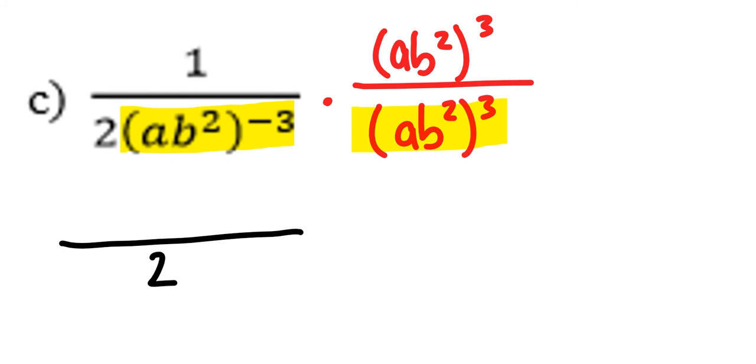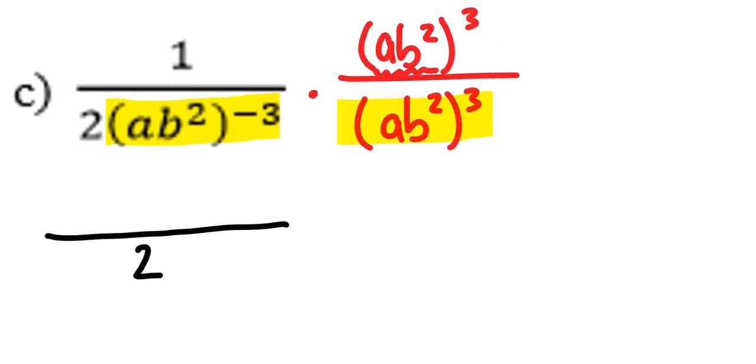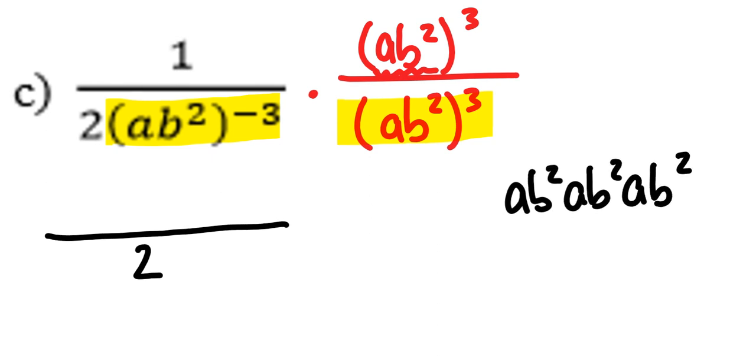In my numerator, I've got 3 copies of this expression ab squared. So let me jot this down over here. There's 3 of them, and I could write it out, right? They expand away. So it's an ab squared, an ab squared, and another ab squared. So when I look at it like that, I can see that, yeah, there's 1, 2, 3. So this is an a to the 3rd power.